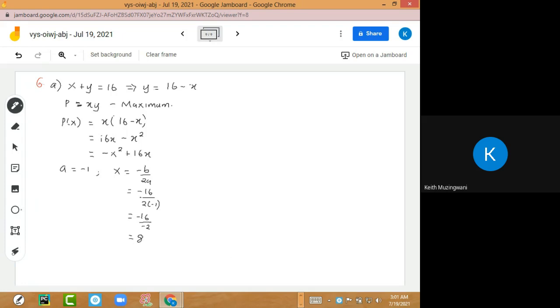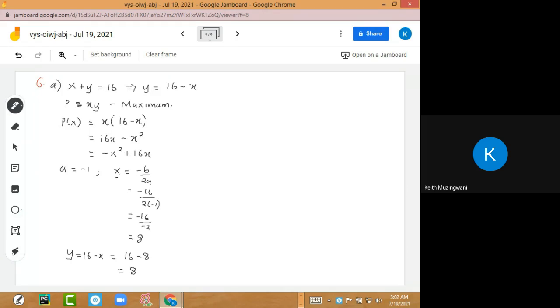This is the x value. But since we know that y is 16 minus x, then we'll have 16 minus 8, which is equal to 8. So we have found the value of x and y. So we have found two numbers whose sum is 16 and the product is the maximum.